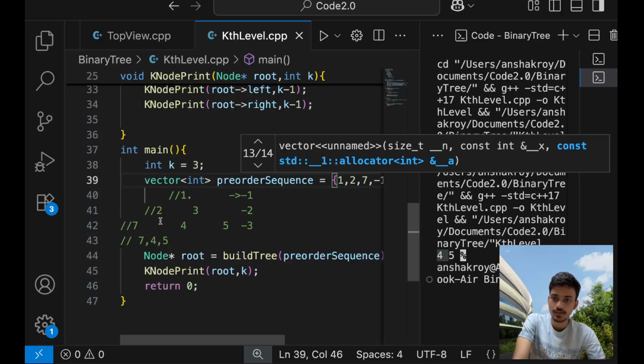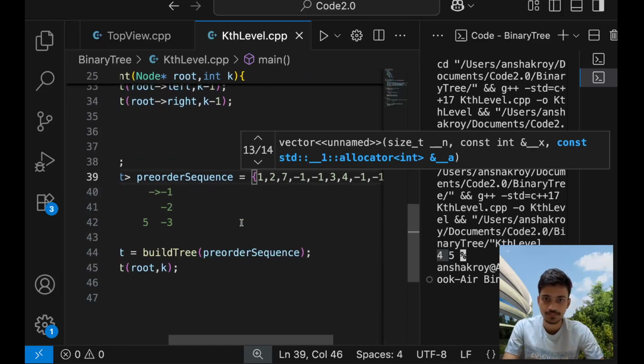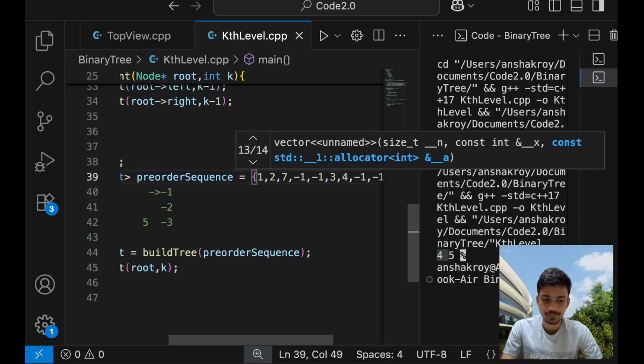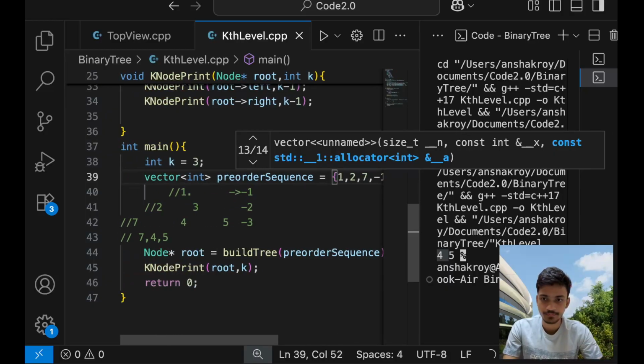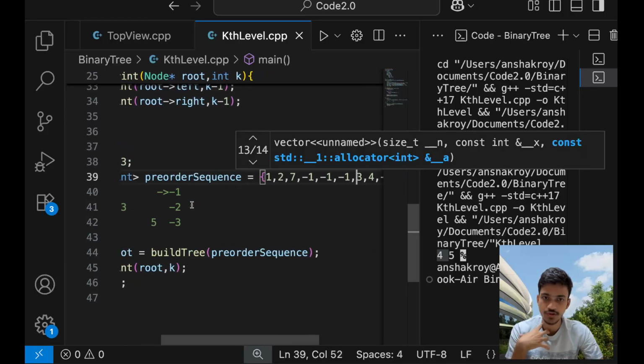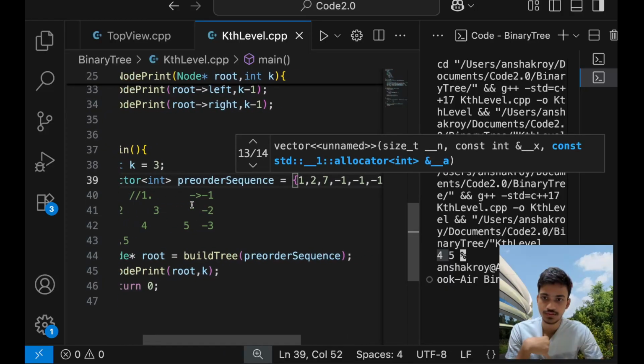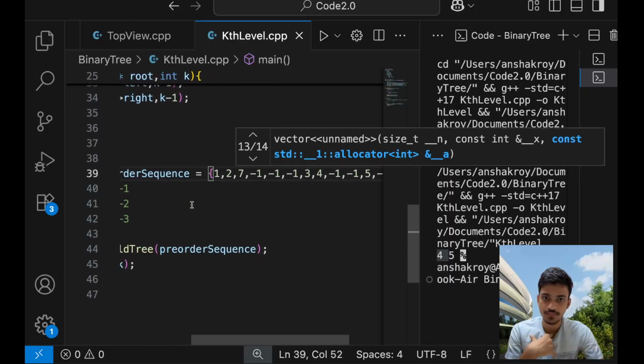Here it will come by -1, then 3, 4, -1, okay, 5, -1.